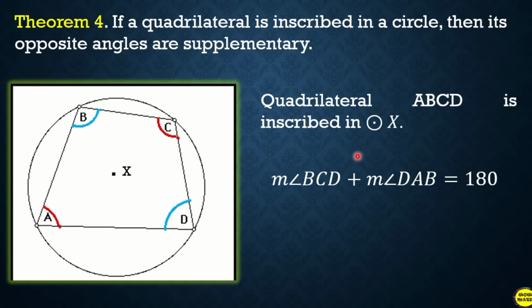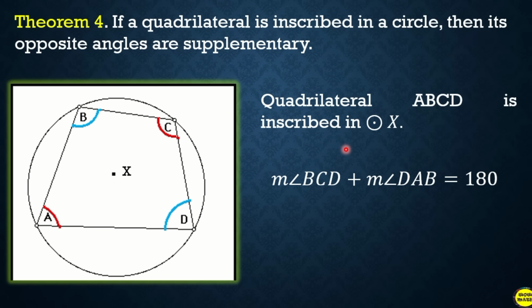So, we can say that the measure of angle BCD, ito yon, plus the measure of angle DAB. So, itong dalawa, itong angle na to, saka itong angle na to, is equal to 180. So, they are supplementary.